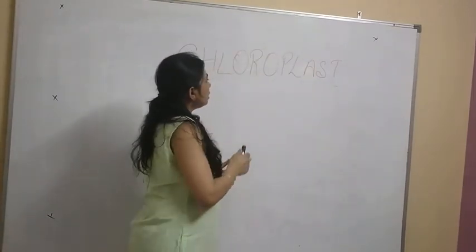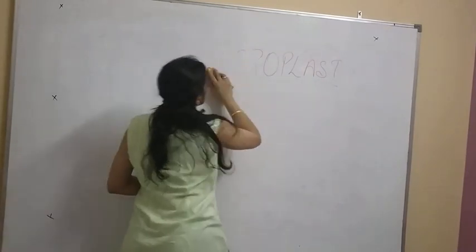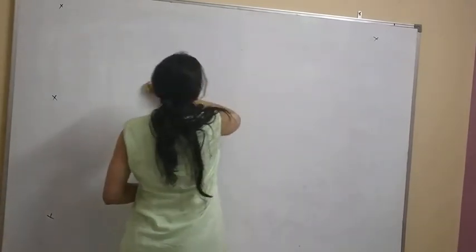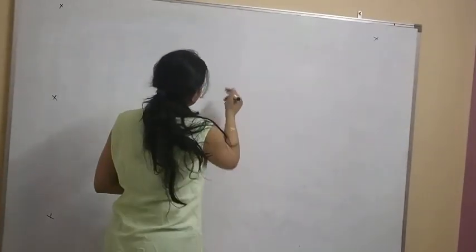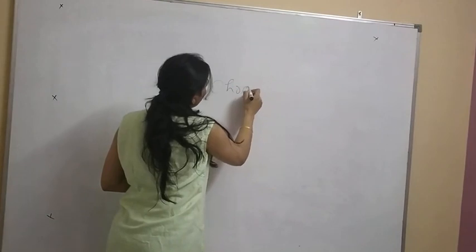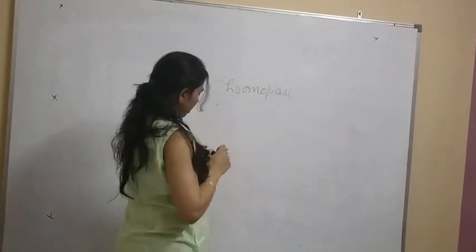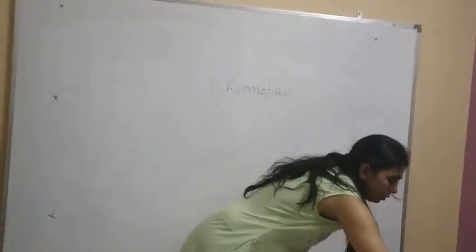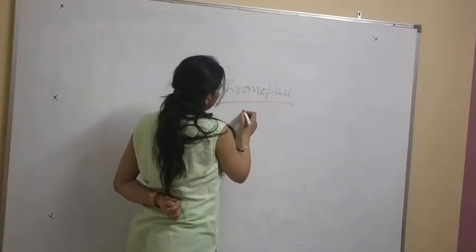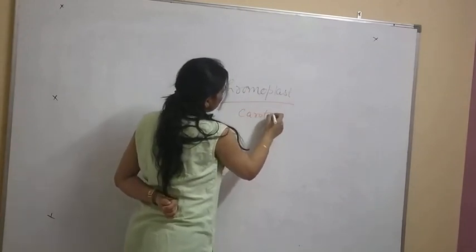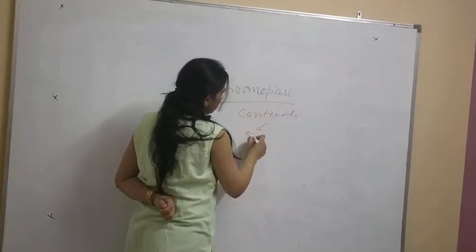Now, besides the chloroplast, plants have two other forms. One is the chromoplast. In the chromoplast, other pigments are present besides chlorophyll, and these pigments are carotenoids. These pigments give color from brown to red.